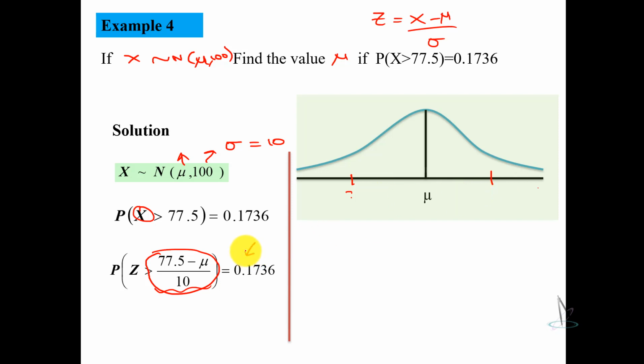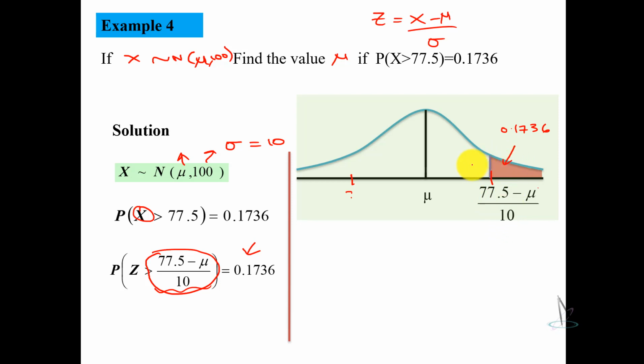But this probability is less than 0.5, so I know for sure the value needs to be on the right hand side, so that this value can be 0.1736. If on the left hand side, that value should be greater than 0.5. So this is 77.5 minus mu over 10.